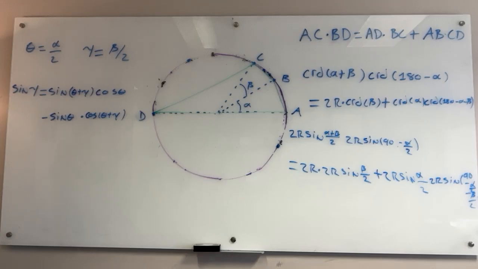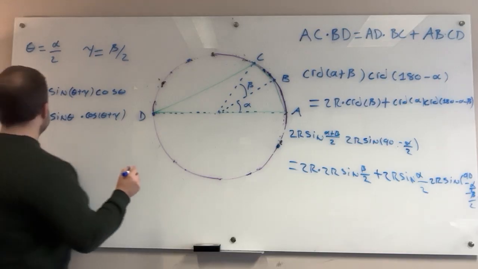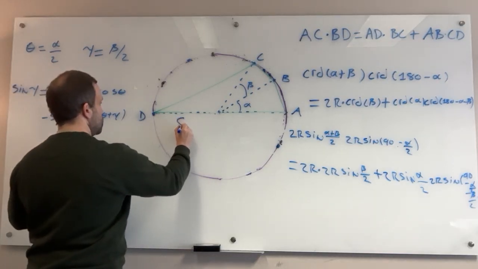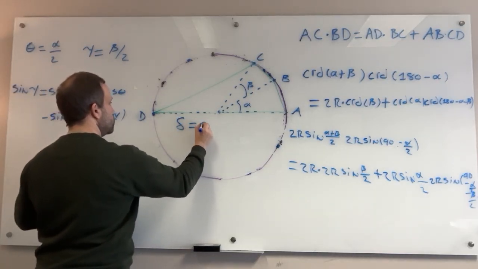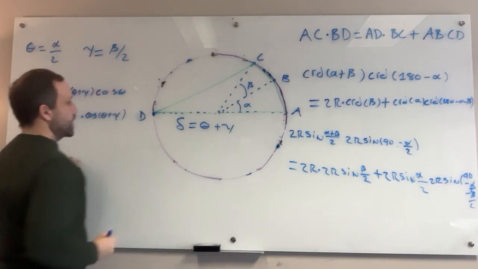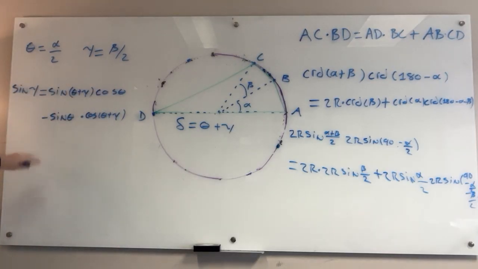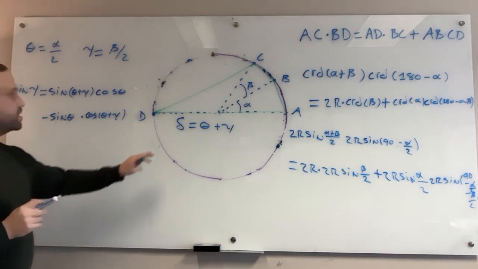Okay, now what we want to do is we want to try to use this formula here. This is not the way that the sum of angle formulas is typically presented. So now I'm going to introduce a new angle, delta, and delta is going to be equal to theta plus gamma.